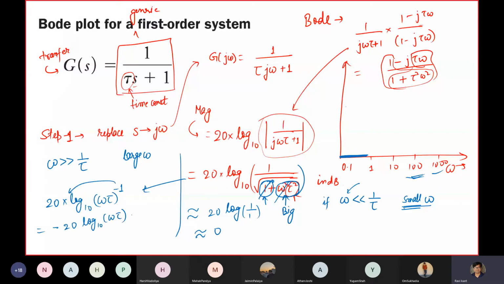Now I can see that this is a function of omega, so it is not constant, it will be varying and it has a negative slope, it's going down, and there will be a critical point at omega equal to 1 upon tau, and this omega is called the corner frequency.